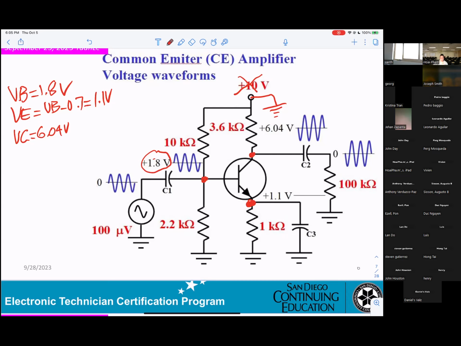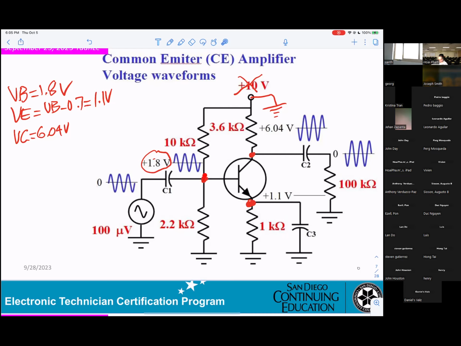You said just one. What is it? 1.8 volt. Right? Yes. That's a DC. This is your voltage right here.